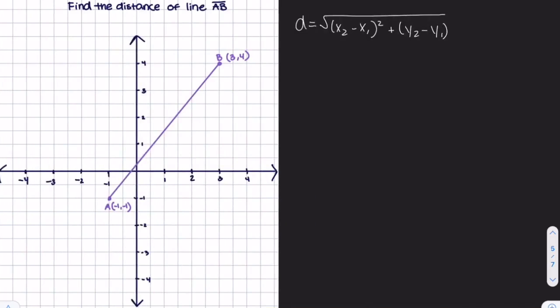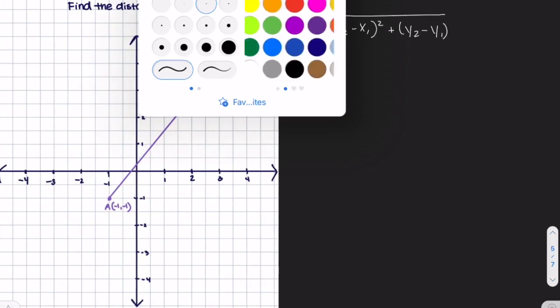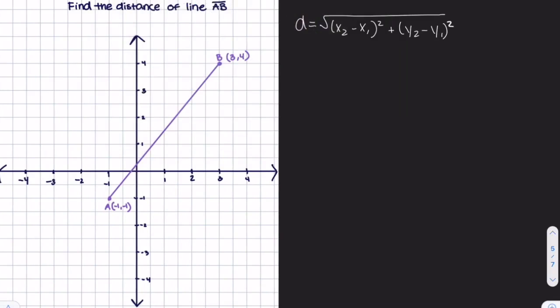Now, let's find the distance of line AB. As you can see here, we have the distance formula. D equals the square root of (x2 minus x1) squared plus (y2 minus y1) squared, and you would square root that to find the value of D. Now, we have these two coordinates, A (-1, -1), B (3, 4).